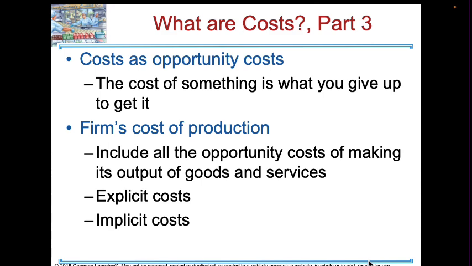So when it comes to an accountant, the accountant will always think about costs in terms of how much money is going out of the company or the firm, whereas an economist will think of costs in terms of the money going out as well as the opportunity costs, which do not involve physical cash going out of the company.